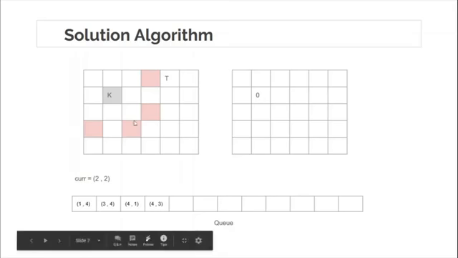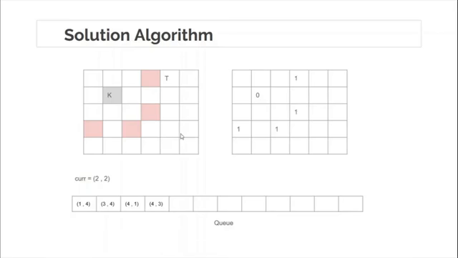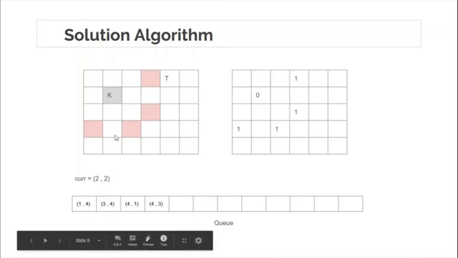And of course, all of these are at distance 1 from the source, because this itself is at distance 0 from the source, and you can reach any of these cells in one move. So the distance of this plus 1 would be the distance of these 4 nodes. These 4 cells can be reached from the source in 1 unit move.